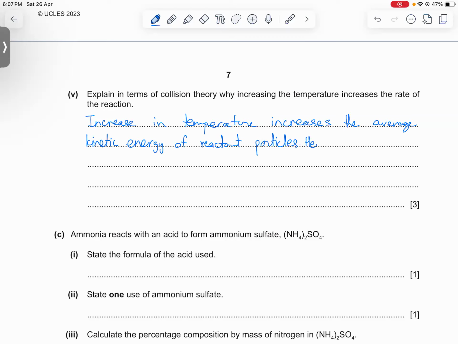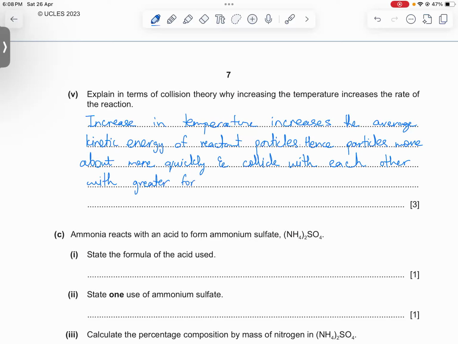Hence particles move about more quickly and collide with each other with greater force.